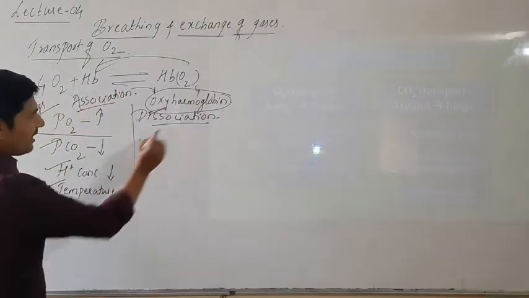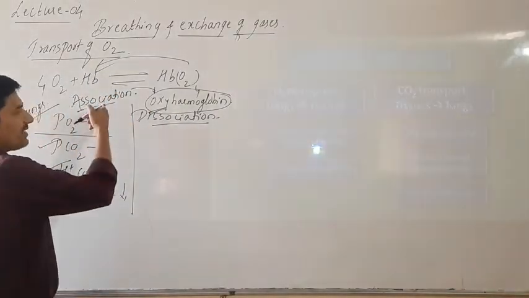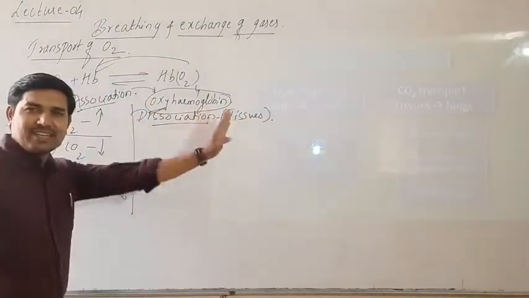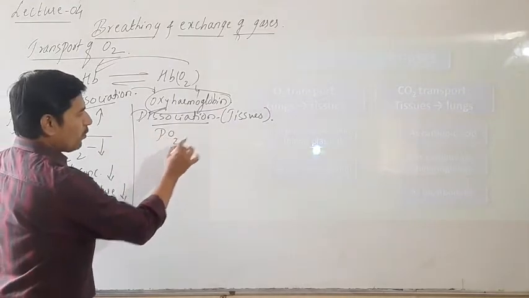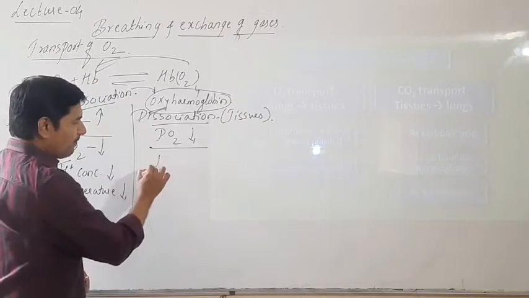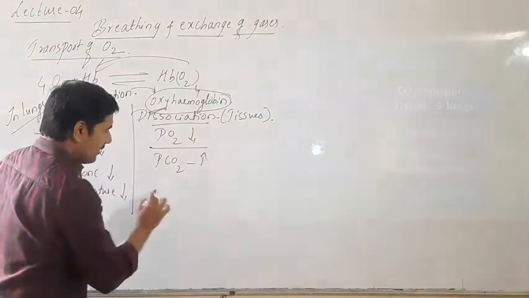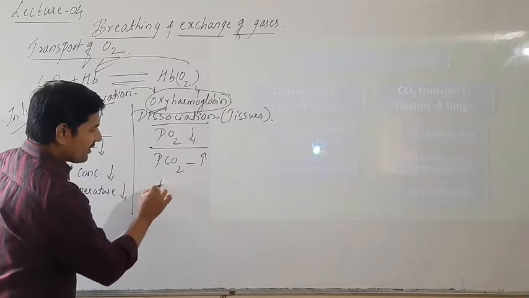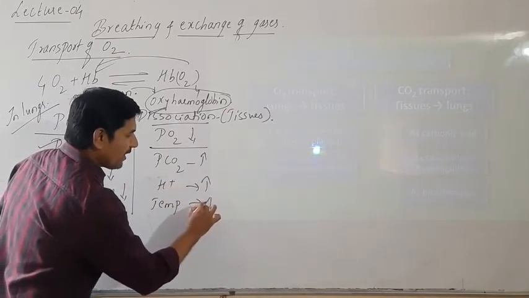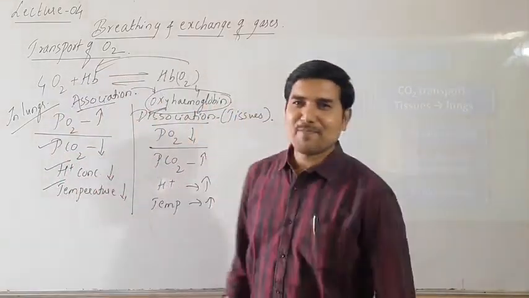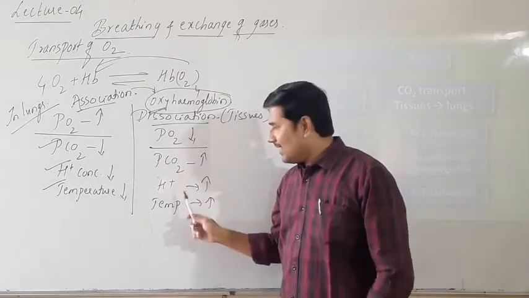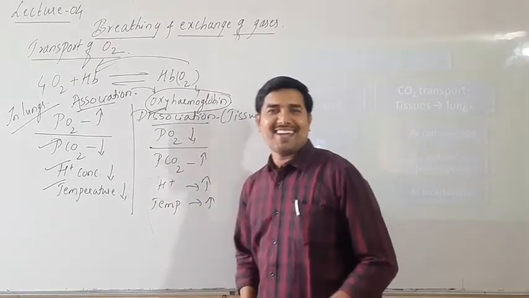Now association occurs in the lungs, and dissociation occurs in the tissues. What should be the condition in the tissue? PO2 level should be low, PCO2 high, H plus concentration high, temperature high. Look at this: O2 low, CO2 high, H plus high, temperature high.